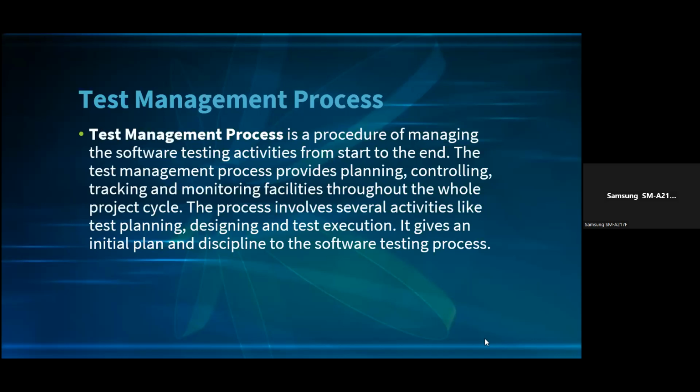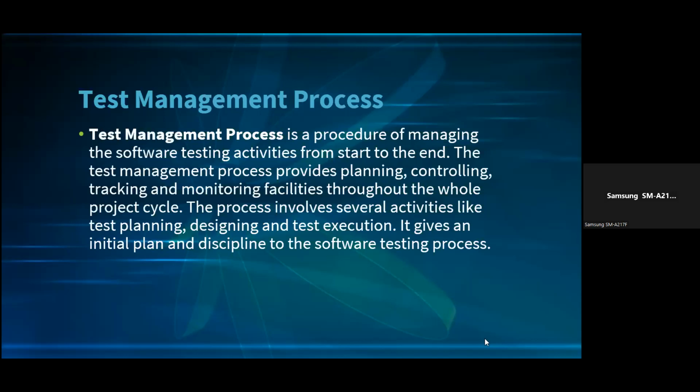It involves a process that will do planning and control. Who can remember this is part of our fundamental test process. So this is the activity that we are going to imbibe in these two. We are talking about planning and control. That's our first level when we're doing the fundamental test process, tracking and monitoring facilities throughout the whole project cycle.